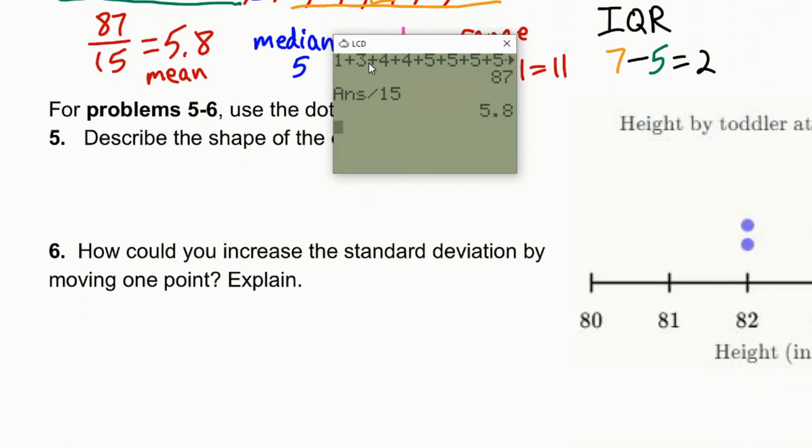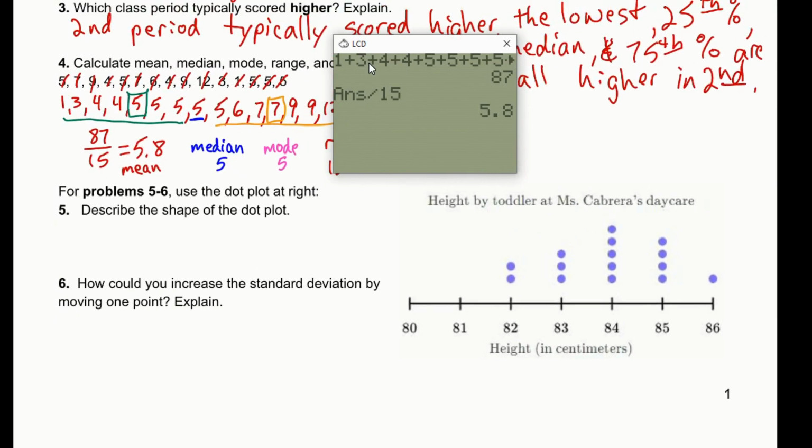For problems 5 and 6, we're going to use this dot plot. Describe the shape of the dot plot. Well, it looks pretty symmetric. That means that if you fold it across this line, it looks pretty much the same on the right and the left. Pretty close. So we say it's symmetric.